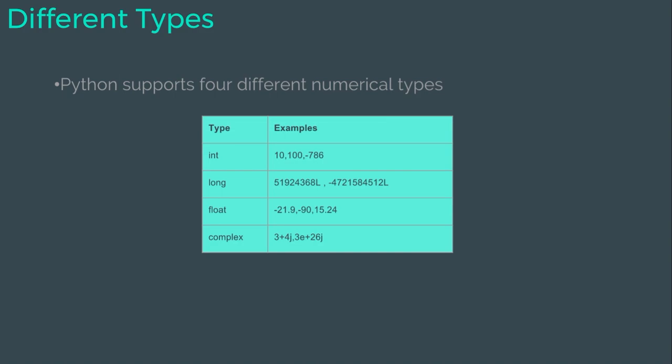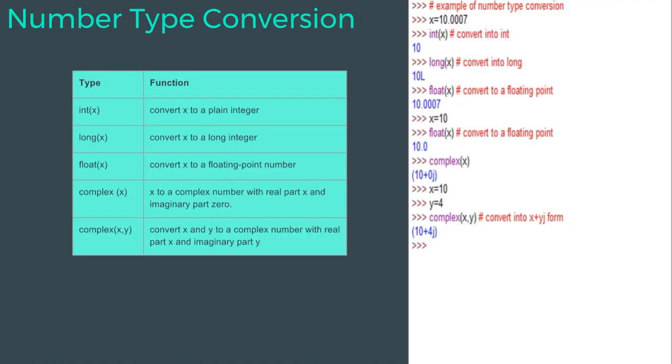Now let's see how number conversion happens in Python. There are int, long, float, complex, and complex(x, y). Different types of number conversion are available in Python.